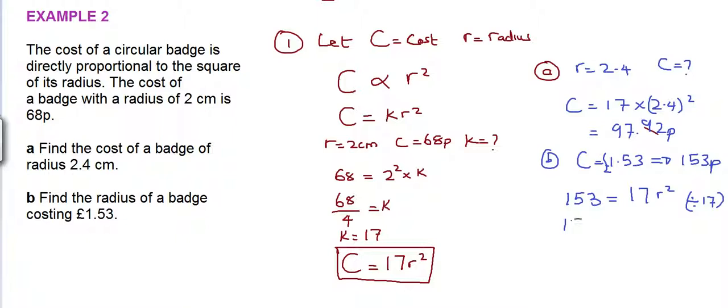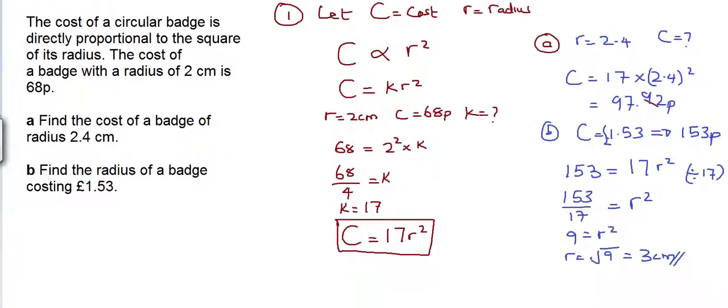So 153 over 17 equals r squared. 153 divided by 17 gives us 9 equals r squared. So r is root 9, which is 3 centimeters. So the radius for a badge costing £1.53 is 3 centimeters.